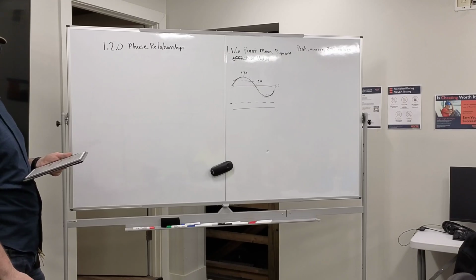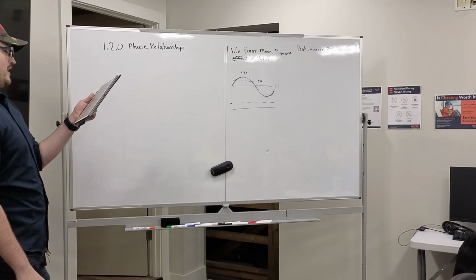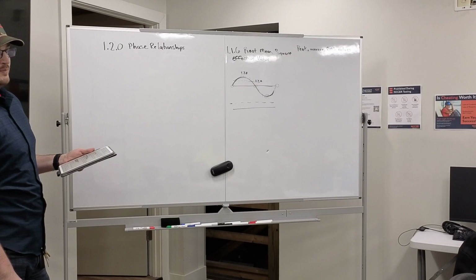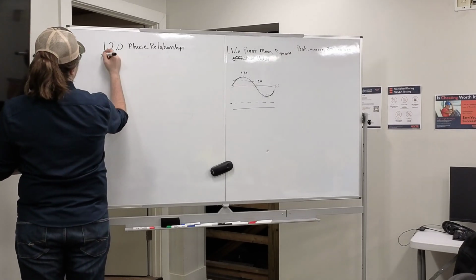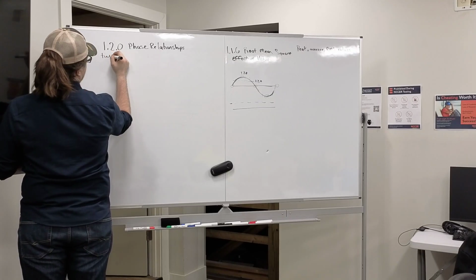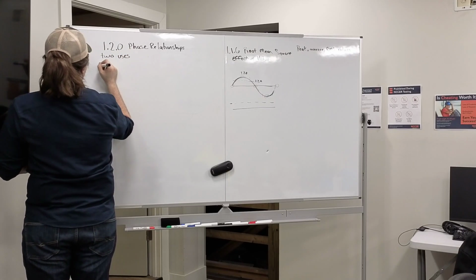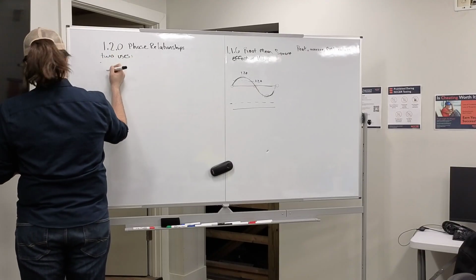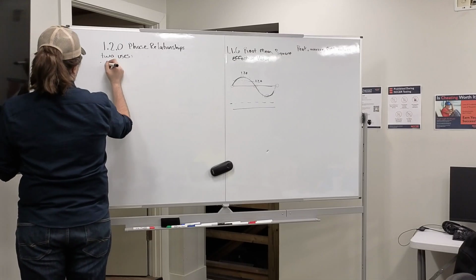Wait, what was the question? With AC, phase is used in one of two ways. Sinusoidal and non-sinusoidal? Nope. Two uses. The location of a point on a voltage or current wave.